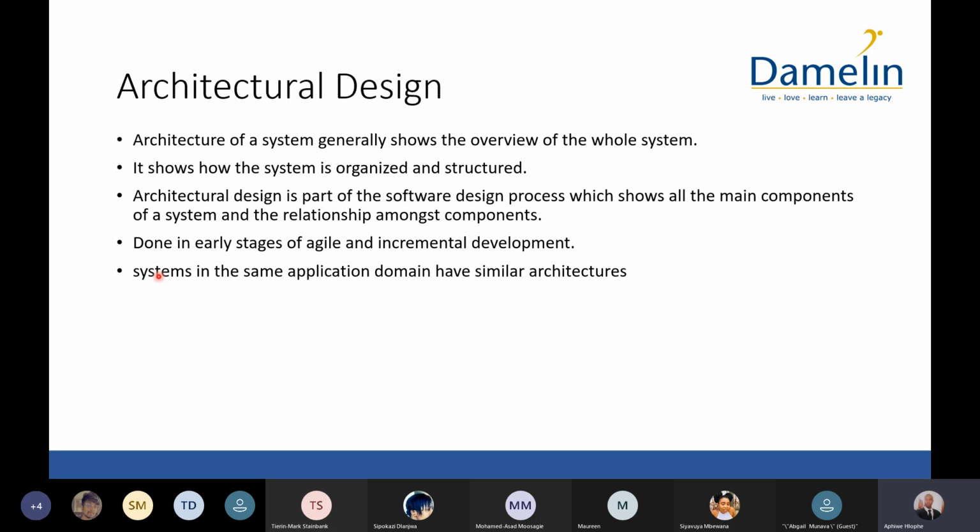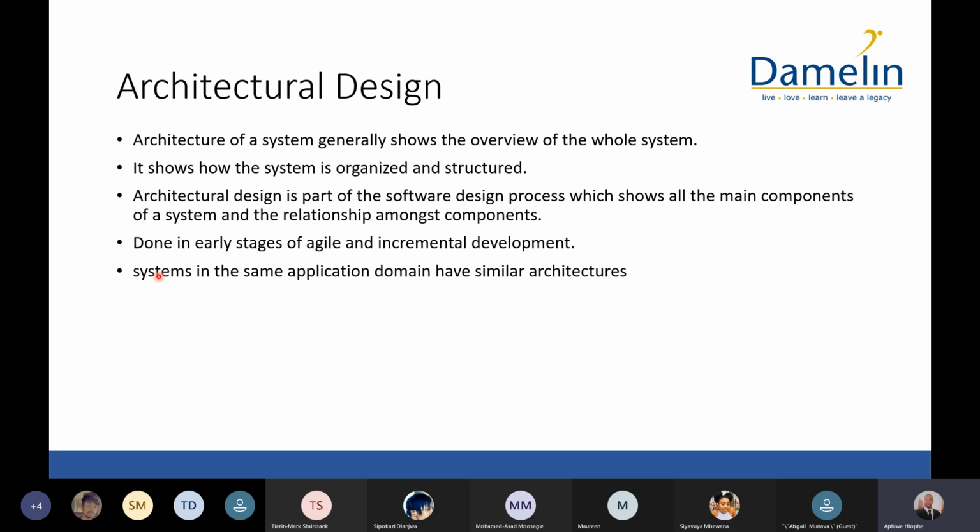So an architecture can be reused in other companies that share the same application domain. Keep that in mind as well.